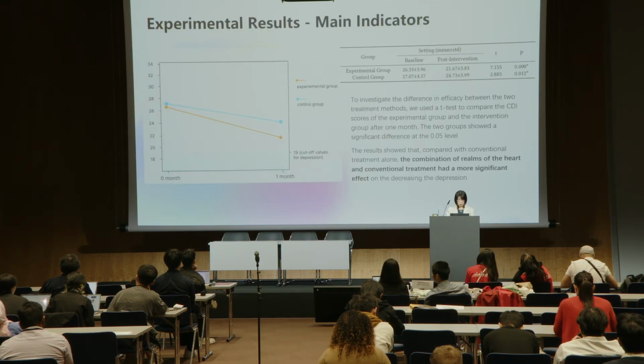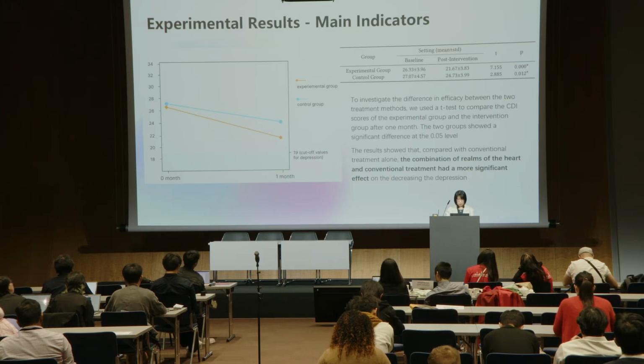And for the experiment, we can find that the results show that compared with the conventional treatment alone, the combination of the Realms of Heart and the conventional treatment had a significant effect on decreasing depression. Yes, and this is the experimental group, and this is the control group.